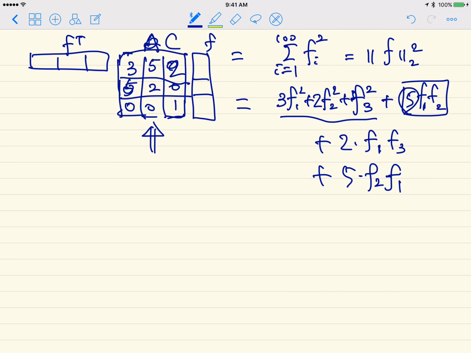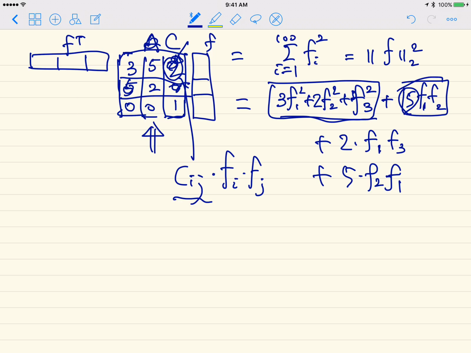So each element here, suppose this element was Cij, this Cij will be put together with Fi times Fj. Okay, so apart from this L2 norm or weighted L2 norm, we also involve this cross product within our vectors.